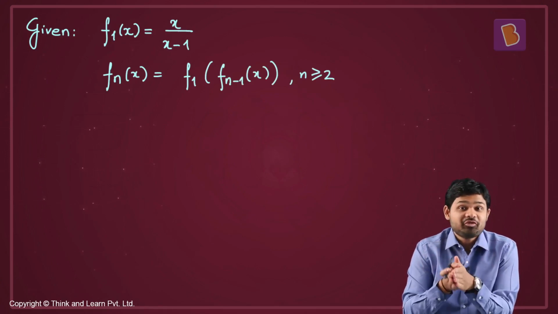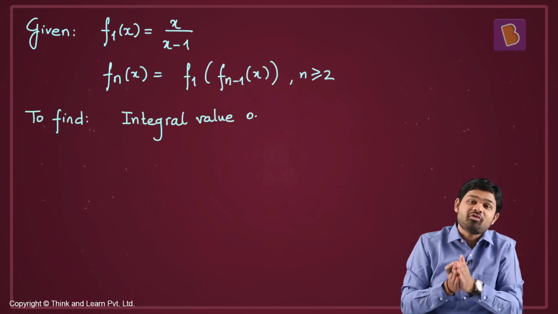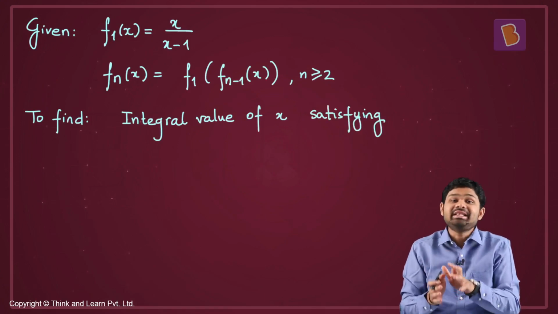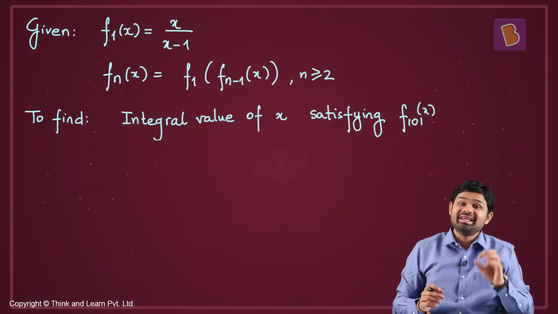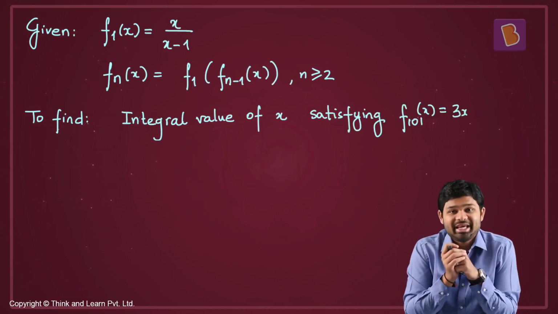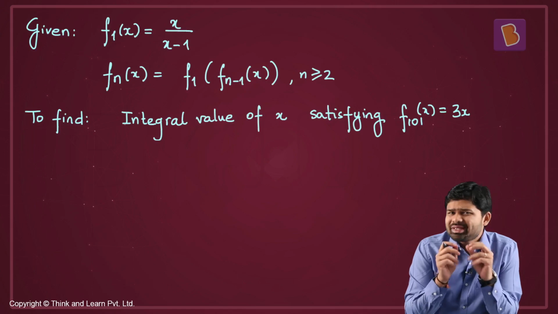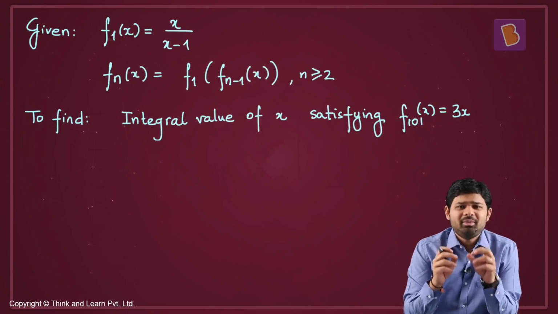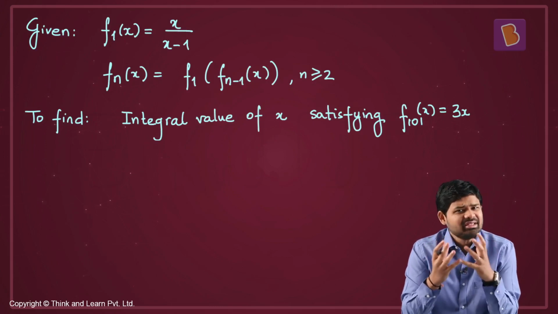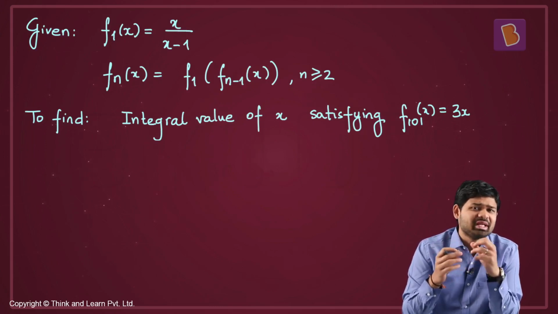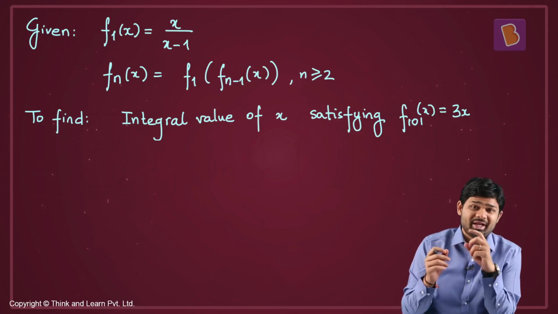The objective is to find out the integral value of x satisfying the equation f101 of x is actually equal to 3x. Looks like a slightly convoluted problem because we've been given f101 of x, and there doesn't seem to be a way in which we can very easily find out f101 of x.